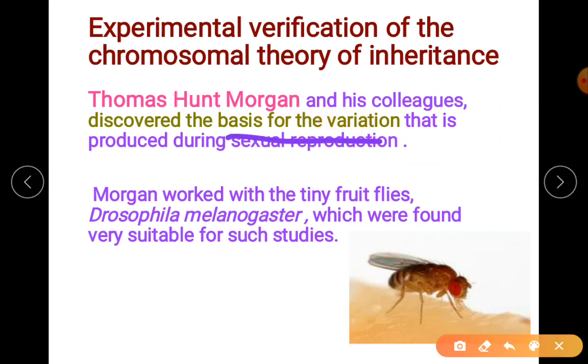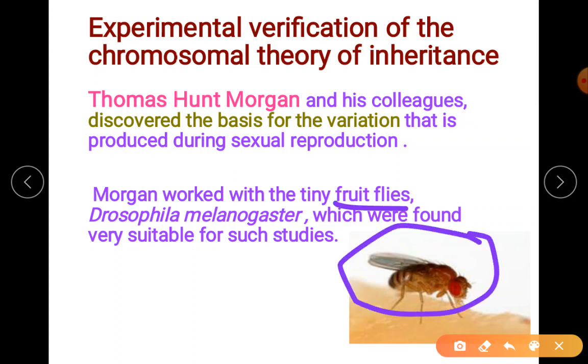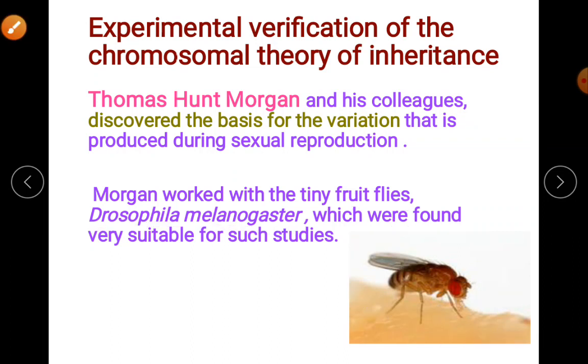Very important. Now we are talking about variation. When does variation occur? During sexual reproduction. So what specimen did he choose? You know this one? Yes, it is a fruit fly. Scientific name is Drosophila melanogaster, underlined separately when you are writing.